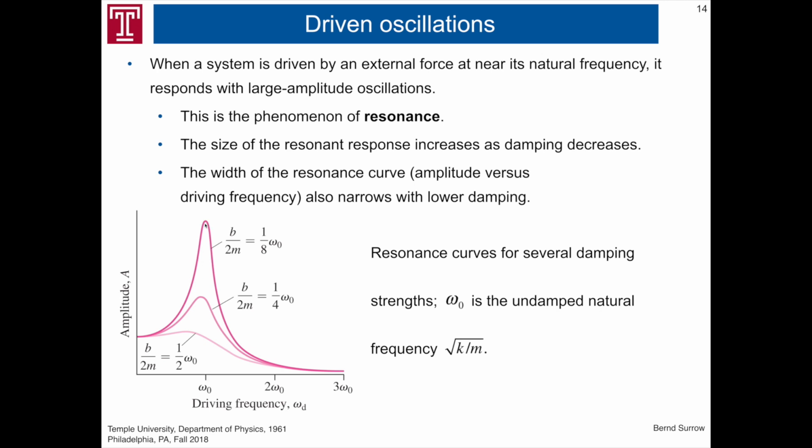But if you now turn the amount of damping on, increasing it more and more, from 1/8 omega naught, quarter omega naught, half omega naught, quoted as damping b divided by m, then that catastrophic behavior, that very large amplitude, is decreased.